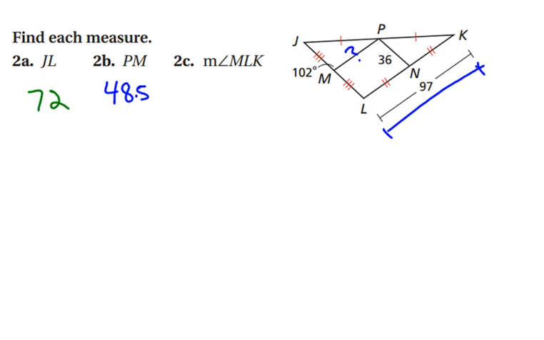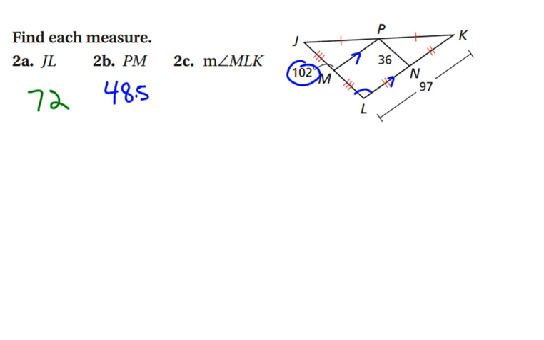And then we can also look to figure out the measure of angle MLK. So MLK, which would be this angle measure. Well, if PM is a midsegment, and it is, then these would have to be the same measure, because with parallel lines, they would be corresponding angles.